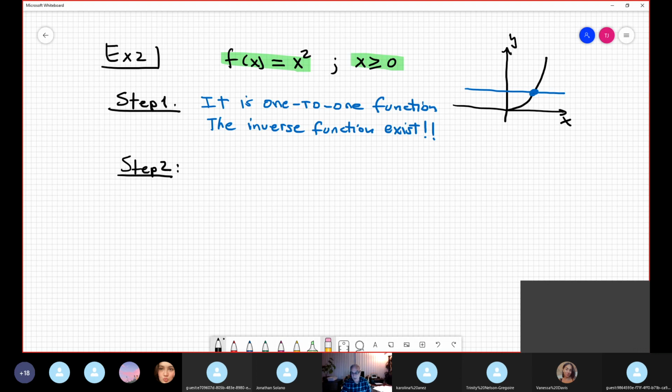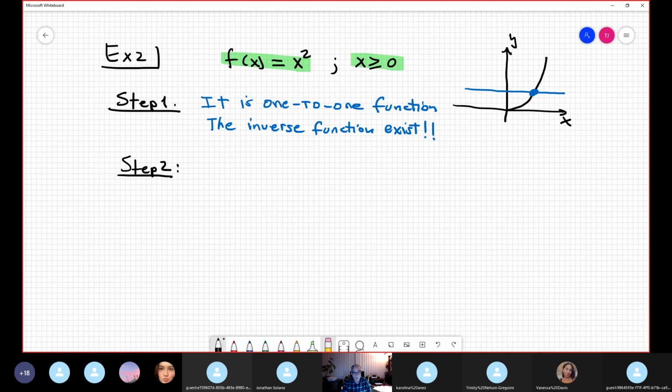Now, the second step is the most important: find the equation for the inverse. Be patient. Little by little, you will understand. You only pay attention. That's it. Well, for the equation of the inverse, you replace f of x with y, always, anytime. Then you interchange x and y, like that.